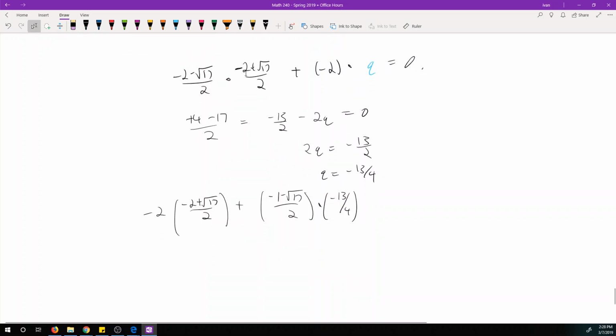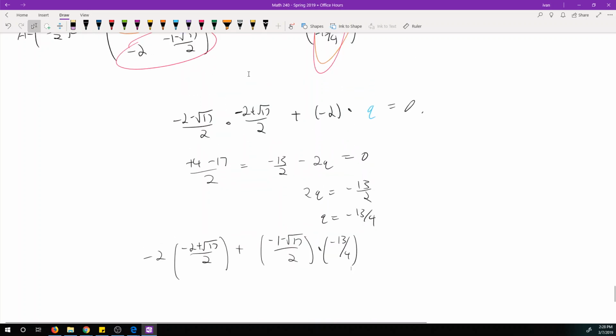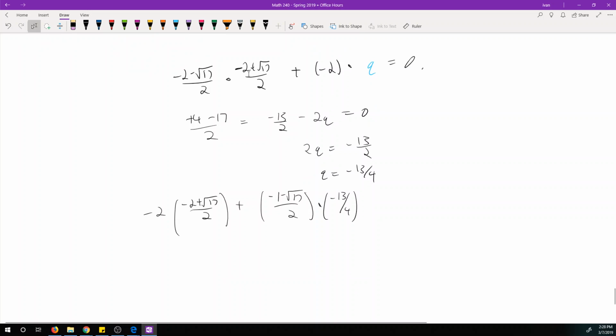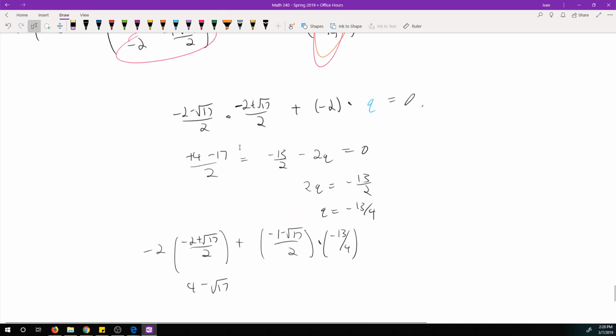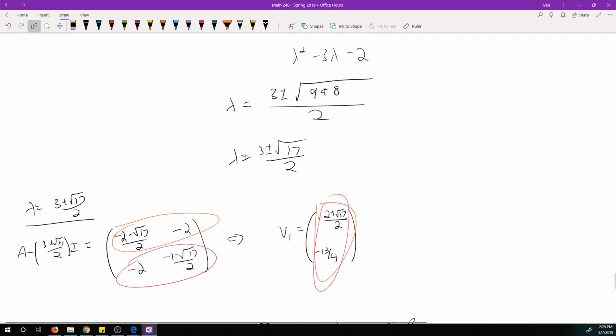Yeah, this isn't... 4 plus 4 minus 2 root 17 over 2. So I guess they cancel. This is just 4 minus root 17. And then, yeah, okay. That's not going to cancel. So let's see what I did wrong. Is this root right?